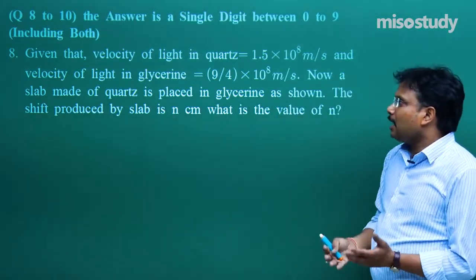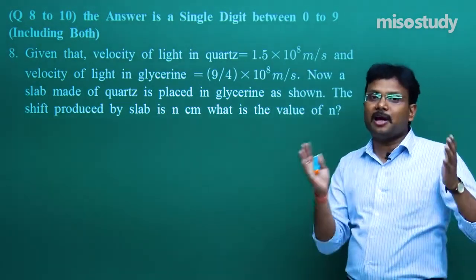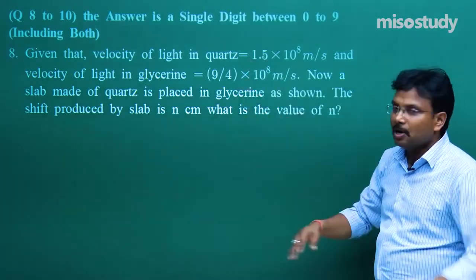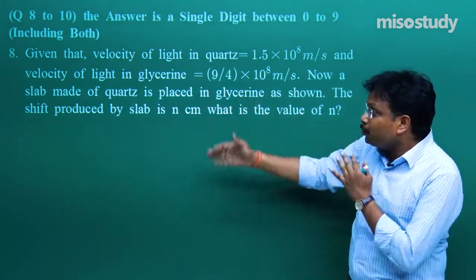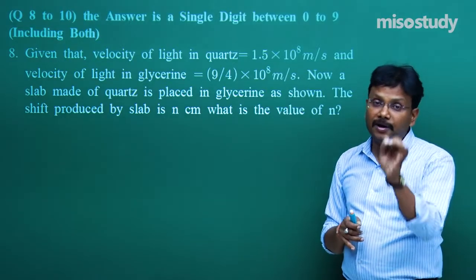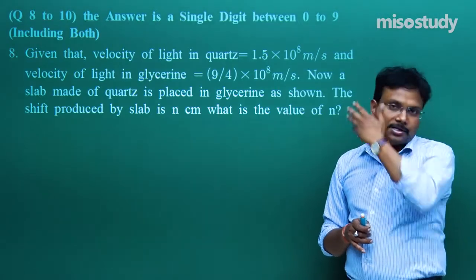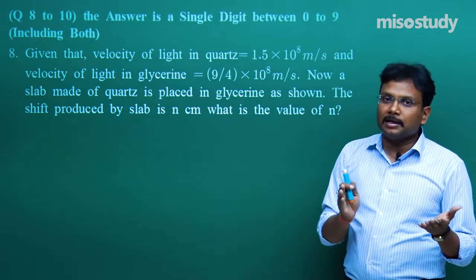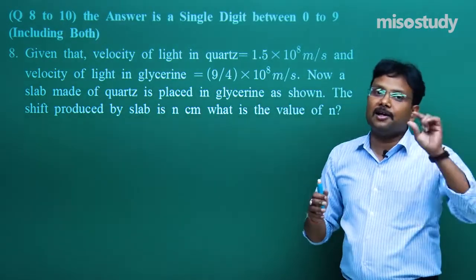So what I'm trying to incorporate is all types of problems so that you can be comfortable with all types of problems. Here the most critical part of this problem is no option is given. So you have to solve the complete question properly without even a minute mistake, because a minute mistake in calculation may be possible that the answer is 6 and you may get an answer like 4.12 just because of wrong calculation, and you may say the answer is 4.